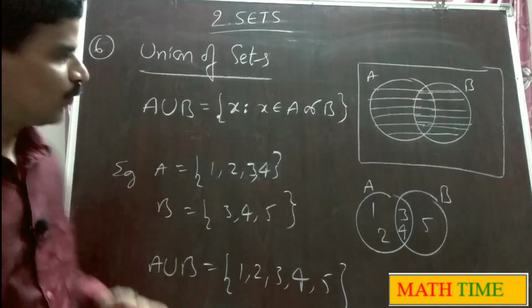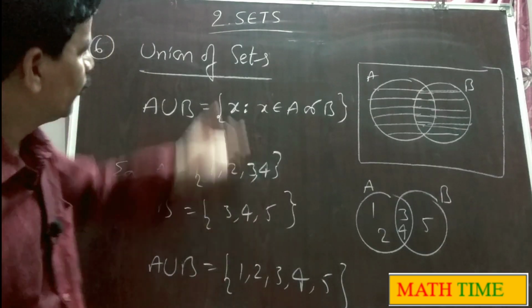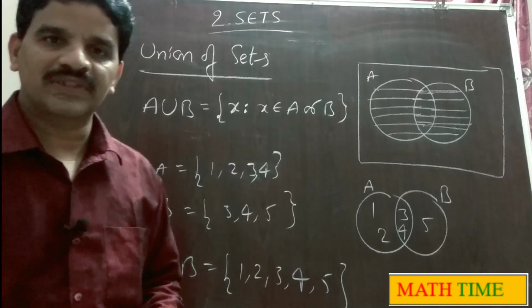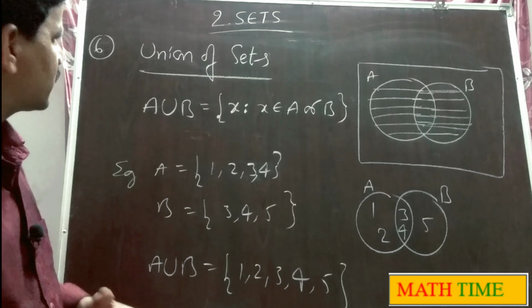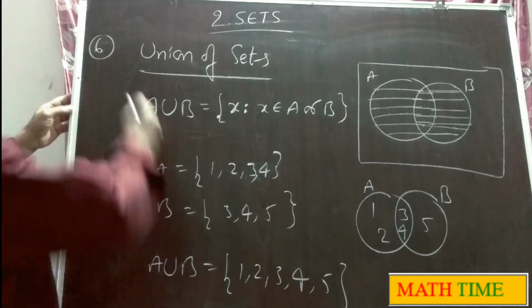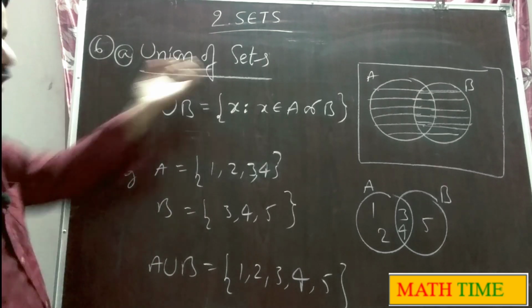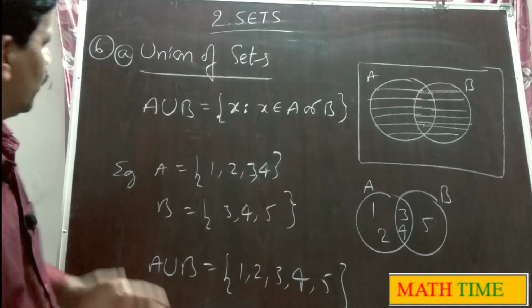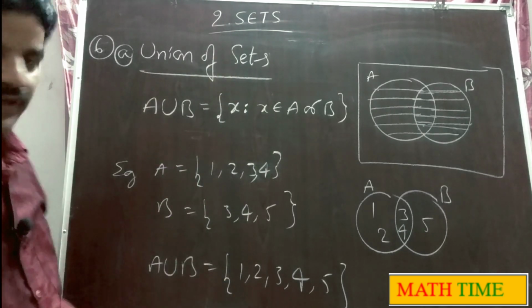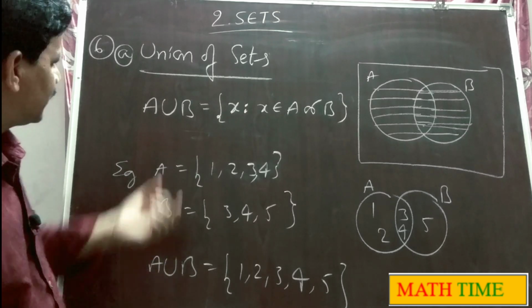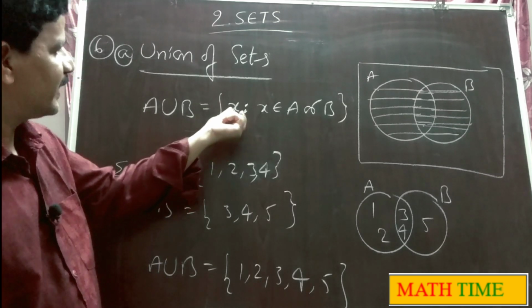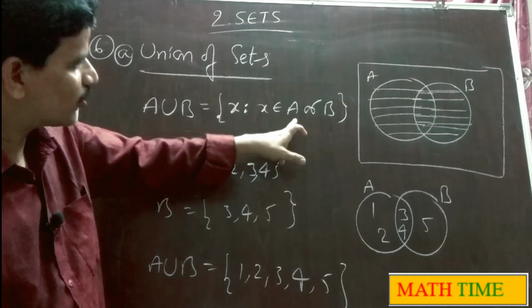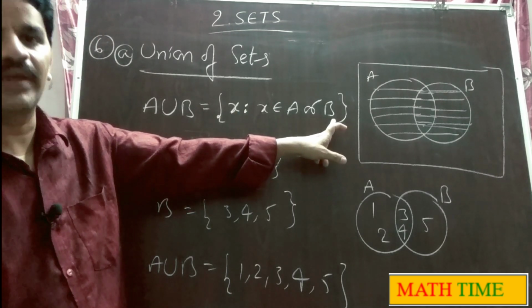Point number 6. In point number 6, we will see union of sets, intersection of sets, disjoint sets, and difference of sets. These are operations on sets. First one is the union of sets. What is union? The union of the sets A and B is denoted by A union B, which can be written as {x such that x belongs to A or x belongs to B}.